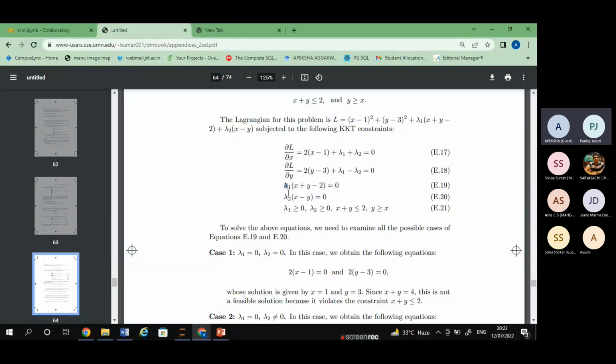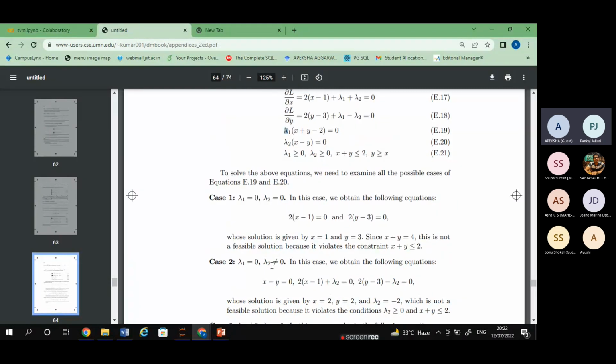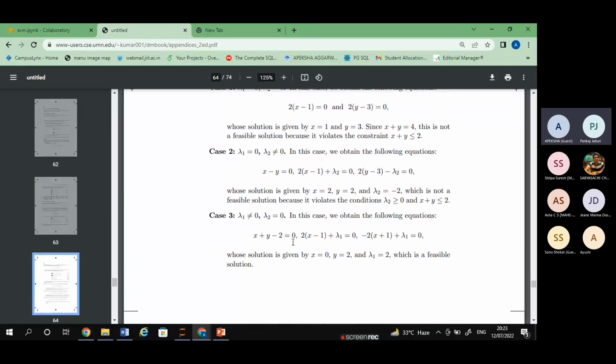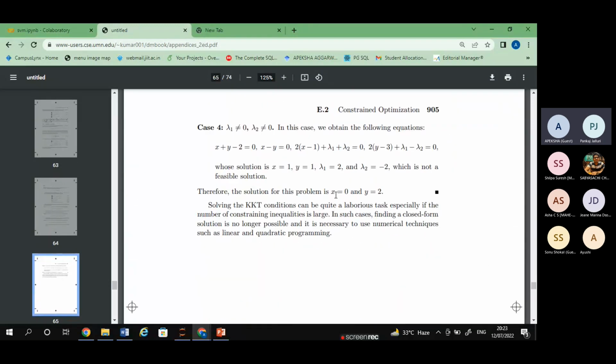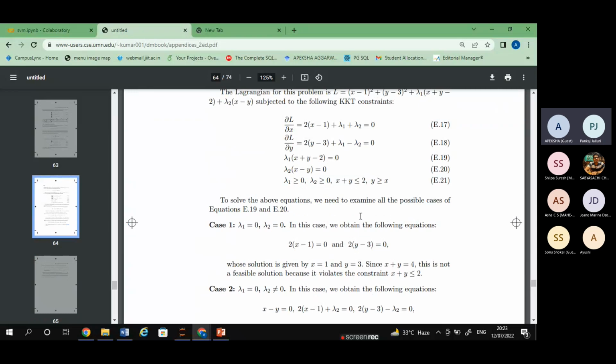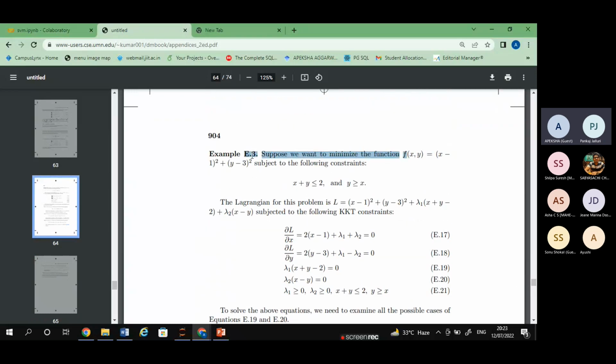If you put lambda 1 equal to 0 and lambda 2 not equal to 0, then what would be the case? And so on. You will solve the equations, and finally you get x equals 0, y equals 2, and this is your answer for this question. The question was to minimize this function for these two inequality constraints. So x equals 0 and y equals 2. At this point (x, y), you will get the minimum value for this function.